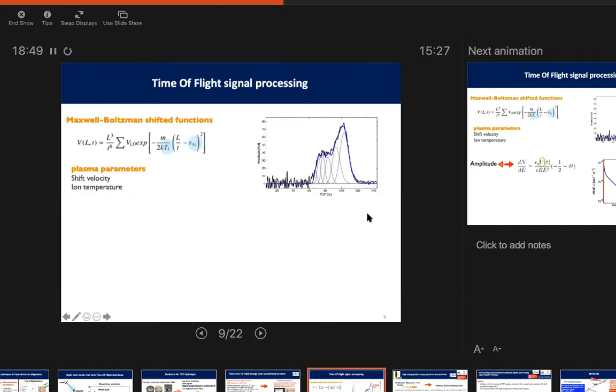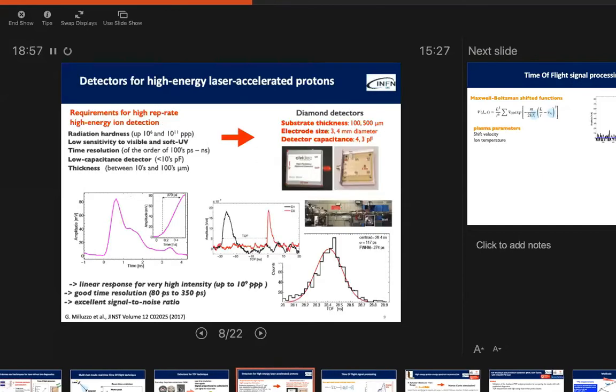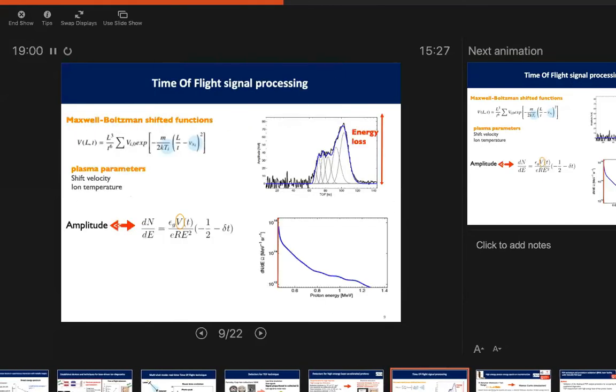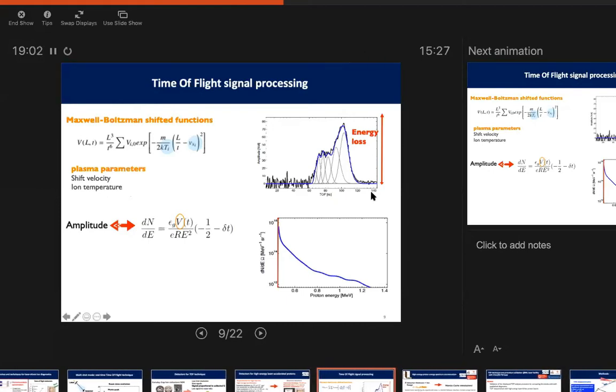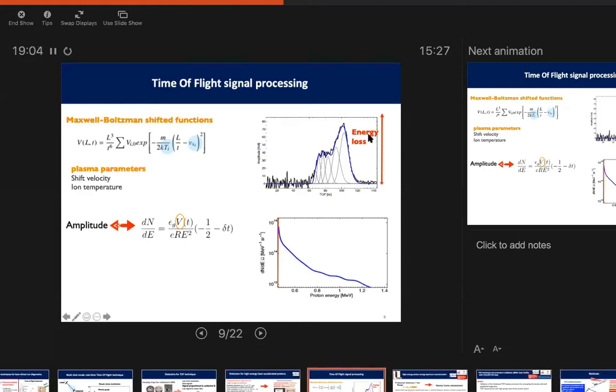This is for the amplitude, but in semiconductor-like detectors, so diamond, silicon carbide, and so on, the amplitude of the signal, as already said, depends not only on the number of particles, but on the energy lost inside the detector thickness.